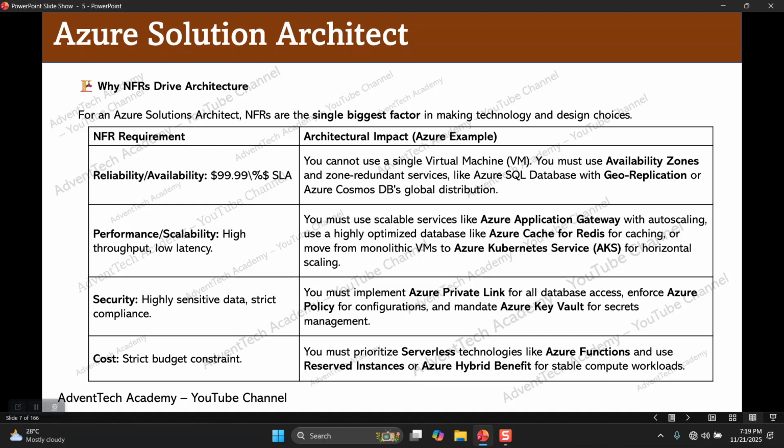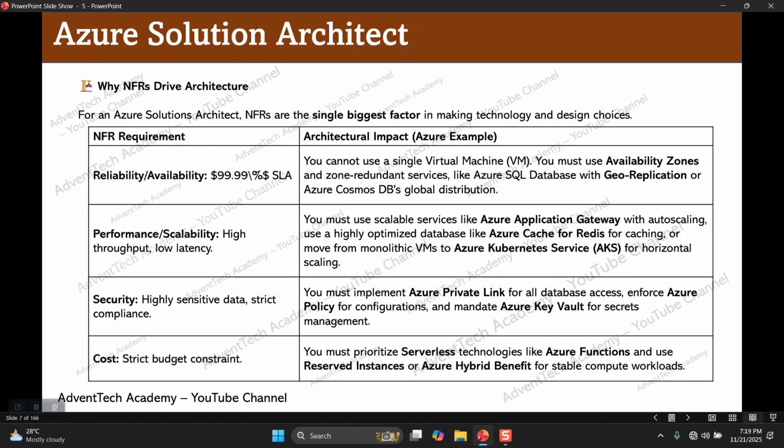So we can implement Azure Policy to control this during the environment provisioning, and we can mandate Azure Key Vault for secret management.